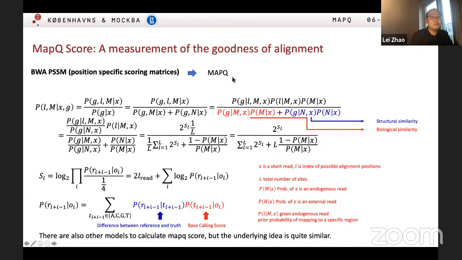There are other models to calculate it. And this MapQ score can be used to tell people how certain the precision of this alignment is. Another thing is you can use this as an assessment measurement for the BWT alignment to find the potential positions for short reads.